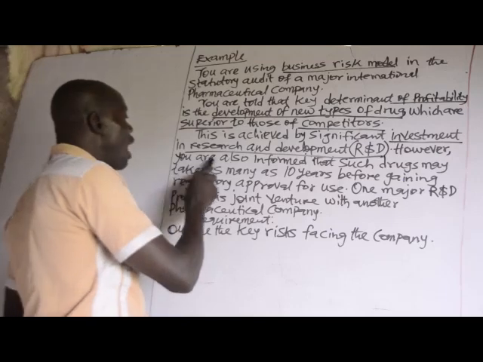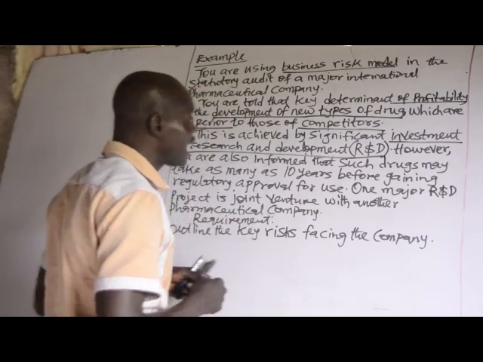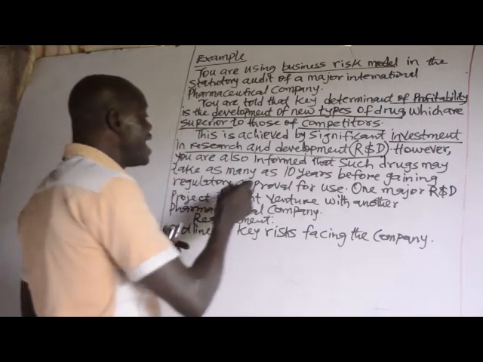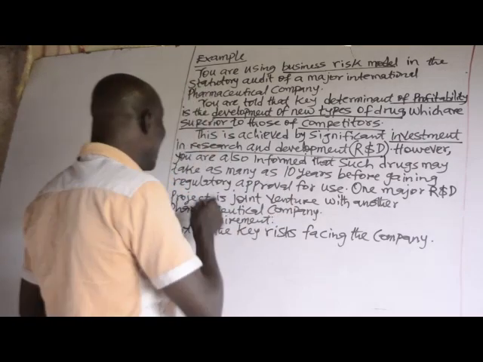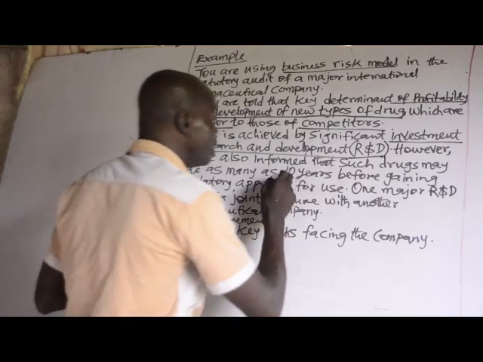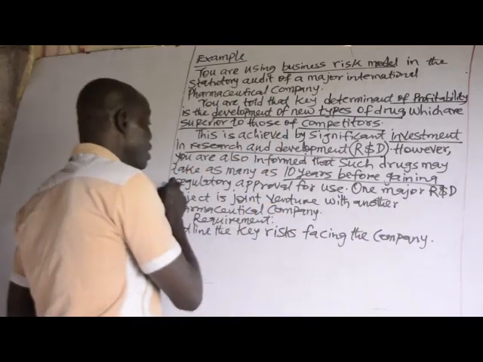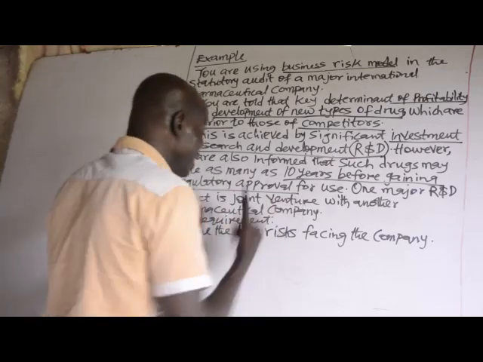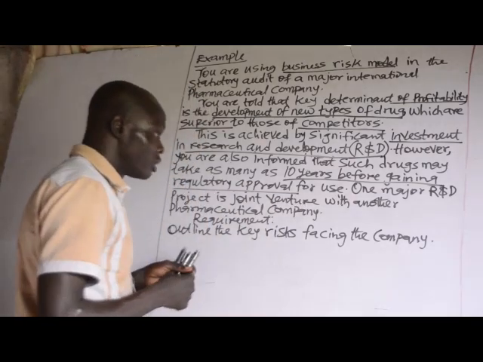However, you are also informed that such drugs may take as many as 10 years before gaining regulatory approval. So it is going to take a very long time before it will be approved, and in that case, it is also a risk to the entity.